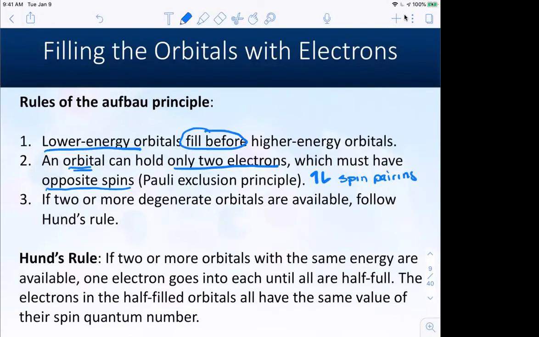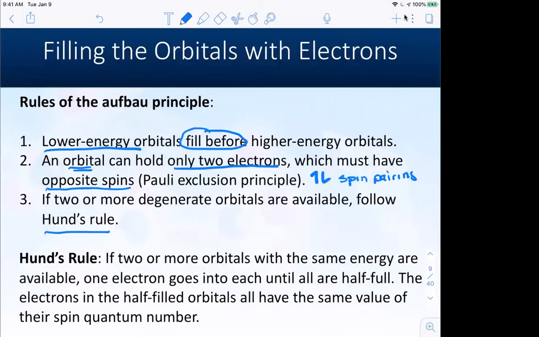If 2 or more degenerate orbitals are available, I have to follow Hund's rule. What that states is, if 2 or more orbitals with the same energy are available, 1 electron goes into each until all of those orbitals are half full, and then they start filling and pairing.